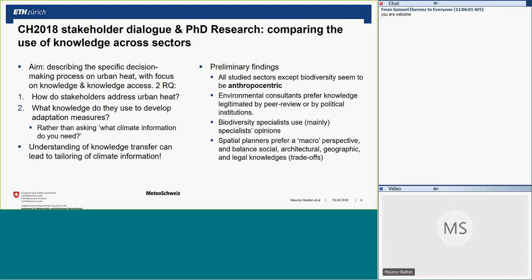Biodiversity specialists usually have quite a micro perspective, but sometimes. Then the spatial planners really have a more macro perspective, and there are many trade-offs. One of the things they do is balance the various aspects, so social, architectural, geographic, and now with urban heat there's also a more environmental aspect coming in.